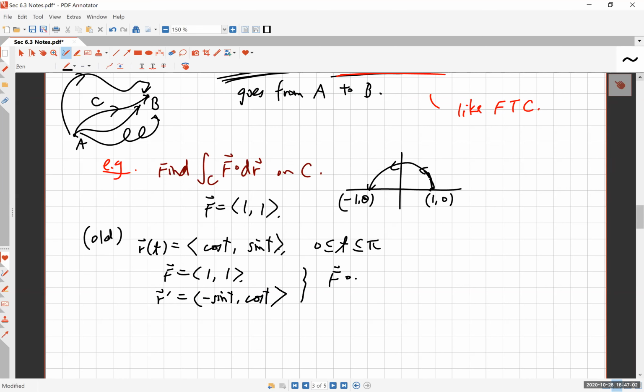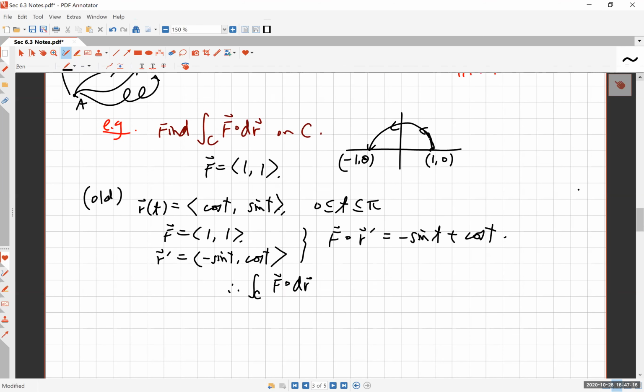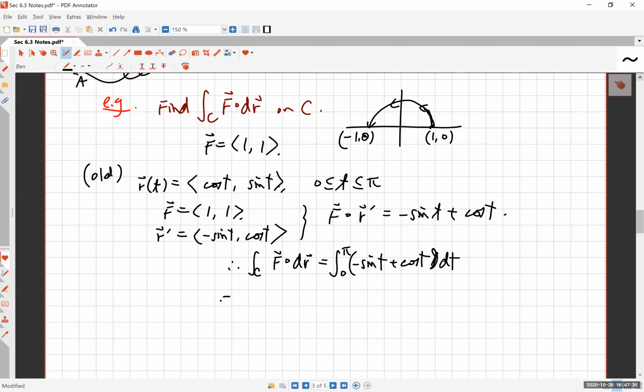Then we calculate F dot r prime because that's what you'll end up integrating, and that's negative sine t plus cosine t. Therefore, the work integral of F dr over C is the integral from 0 to pi of (negative sine t plus cosine t) dt.